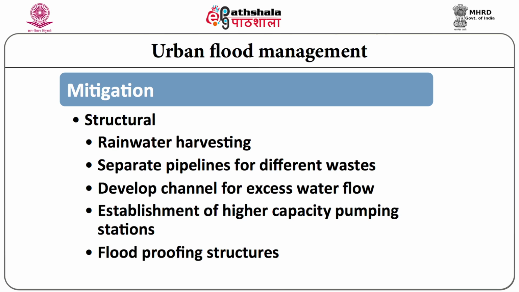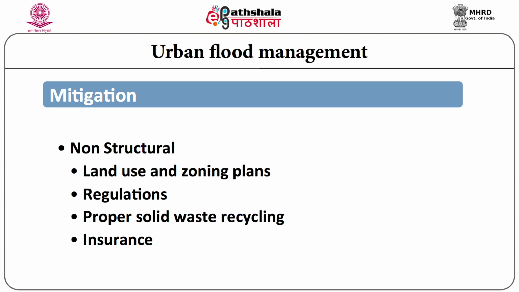The structural measures include establishment of rainwater harvesting systems in buildings, separate pipelines for different types of wastes, development of channels for excess water outflow, establishment of higher capacity pumping stations, flood proofing structures, etc. The non-structural measures include provisions of land use and zoning plans, regulations mandating establishment of rainwater harvesting structures and facilities, proper solid waste recycling and disposal mechanisms, better maintenance of drainage networks, channels and pipelines, etc.